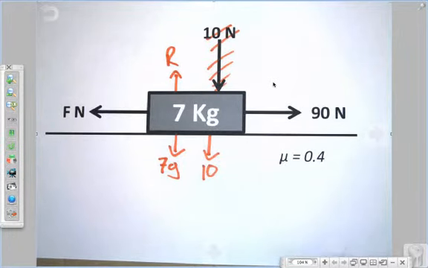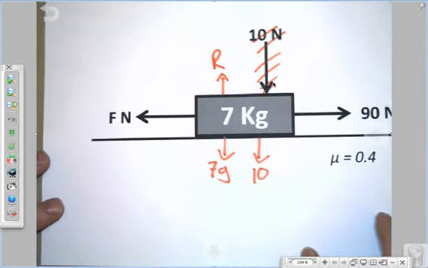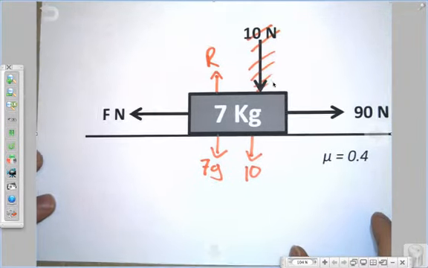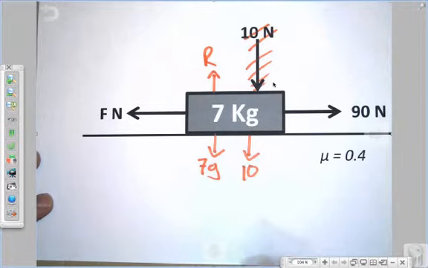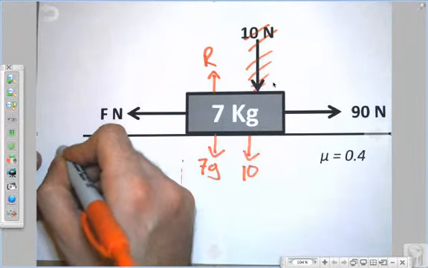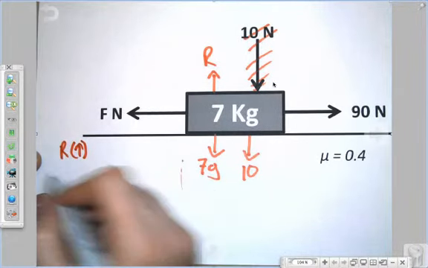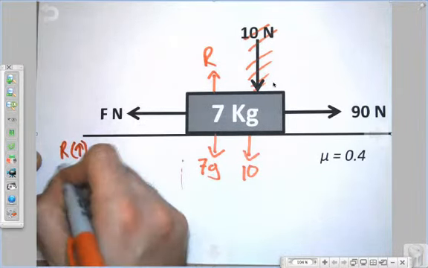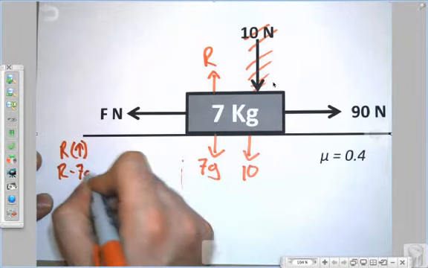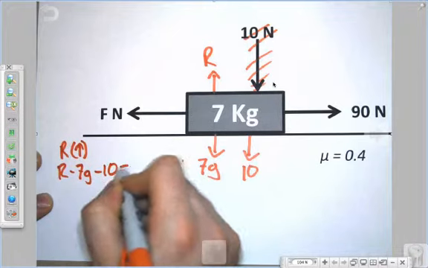Now I'm still going to start by resolving vertically. It always makes sense on these questions to resolve vertically to begin with, because we need to find R. So resolving up gives me R minus 7g minus 10 equals 0.